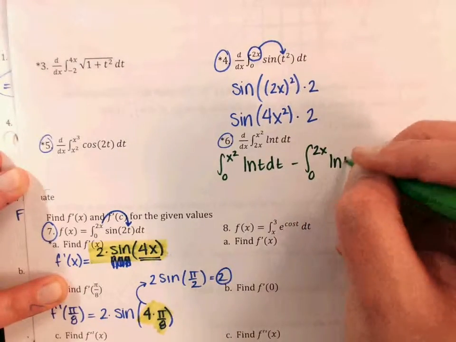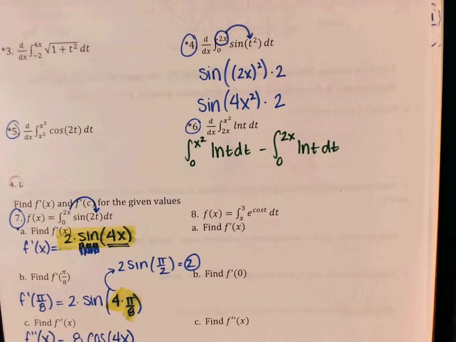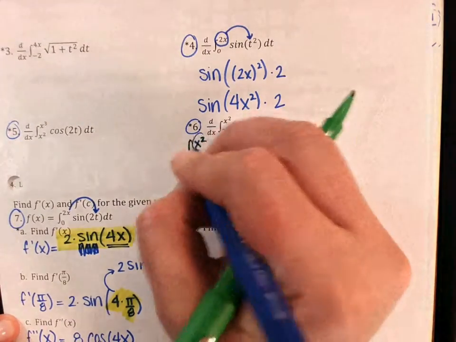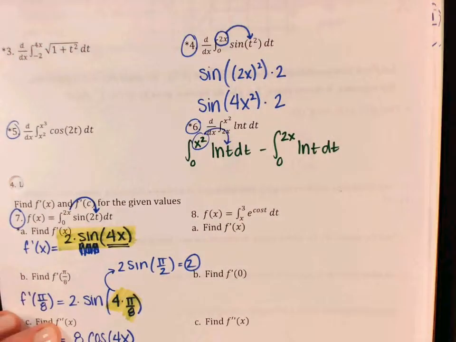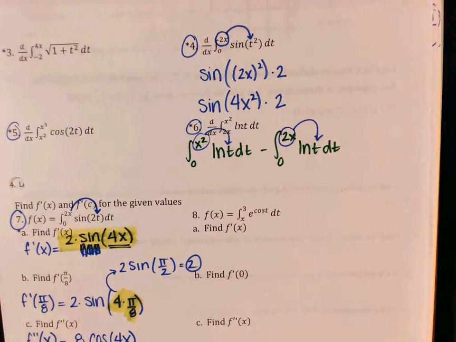Yep, that's you. So I want the integral from 0 to x squared minus from 0 to 2x. And then from there, you're going to pop those endpoints in, then multiply by the derivative. That's your chain rule piece. So for this first one, I'm going to plug in x squared. My second one, I'm plugging in 2x.